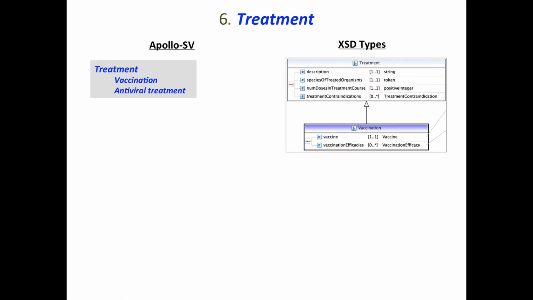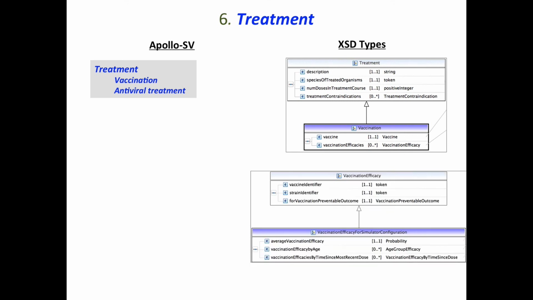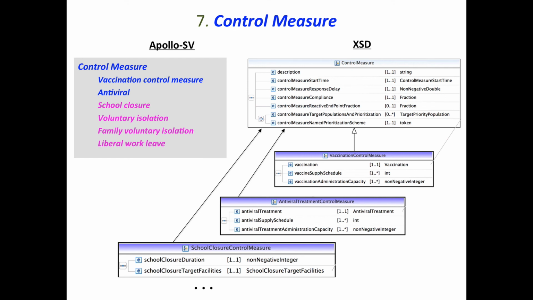Apollo SV currently defines two classes of treatment, vaccination and antiviral treatment. The XSD has corresponding types, but we show here only the XSD types for vaccination. Note that the XSD type for vaccination efficacy allows an analyst to represent different efficacies for different vaccination preventable outcomes, and also by age and time since most recent vaccination.